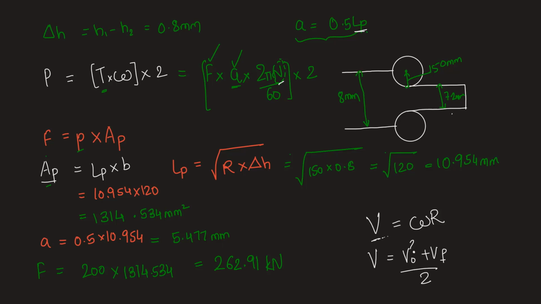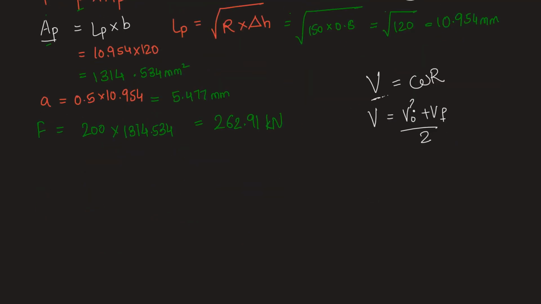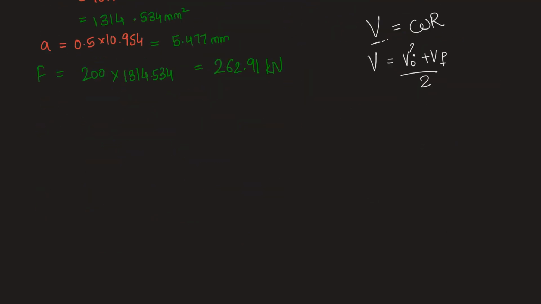To do that, we'll use the continuity equation. Using continuity equation, we write A0 V0 equal to AF Vf. A0 can be written as B times H1 and AF can be written as B times H2. So B is equal on both sides, can be divided to 1. So we have H1 V0 equal to H2 Vf.